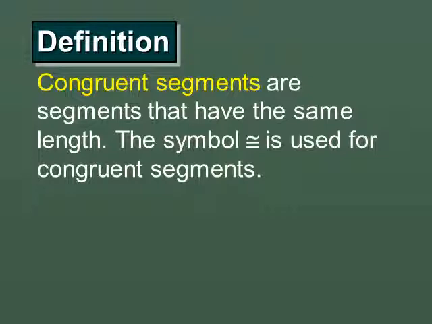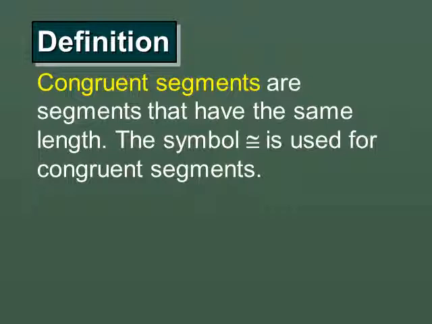I want you to think back about the difference between equivalent sets and equal sets from chapter 1. If you can remember that equivalent sets have the same number of elements, but equal sets have the exact same elements, they apply to segments. Equivalent segments are called congruent, and segments consisting of identical sets of points are called equal.